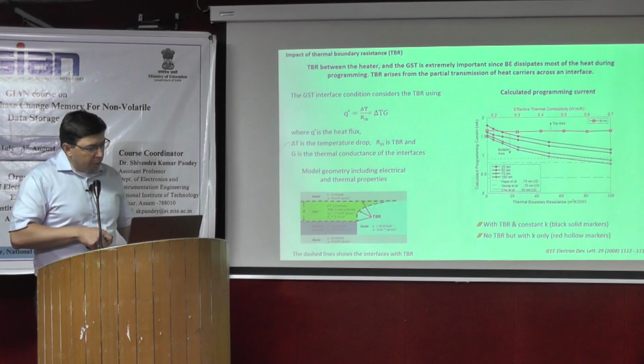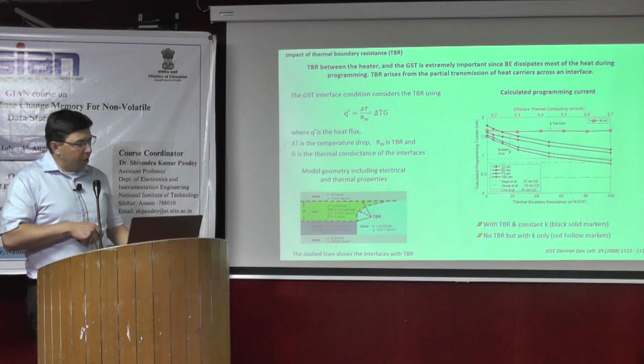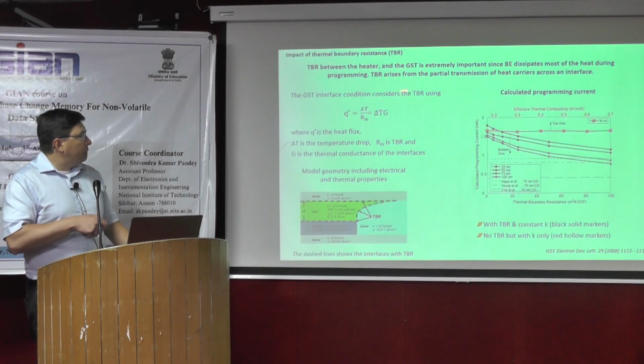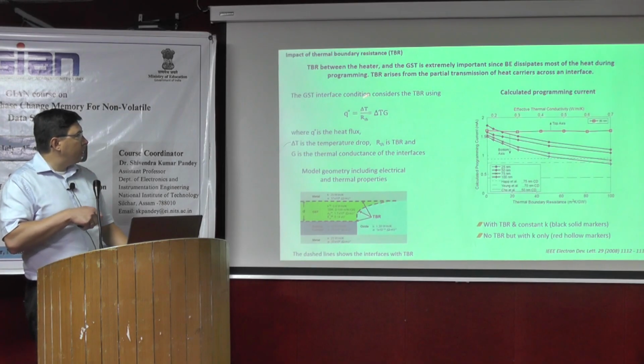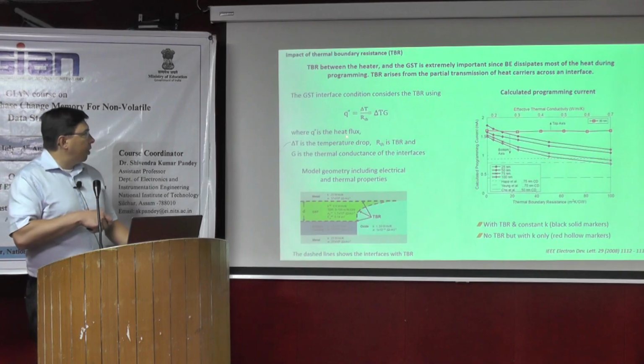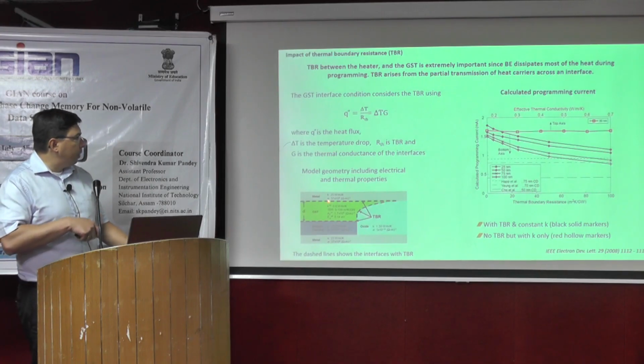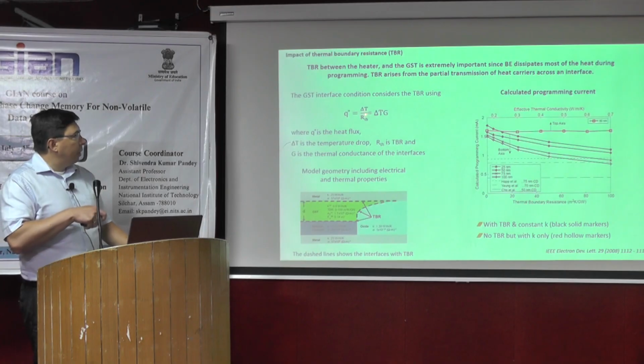So we can look at this TBR in GST. These are the interface conditions. They consider it by using this equation, for the heat flux through the interfaces. It's given by delta T, and this is R_th, the thermal boundary resistance, which is equal to the change of the temperature divided by the thermal conductance of the interface.